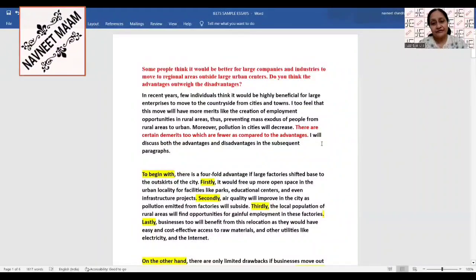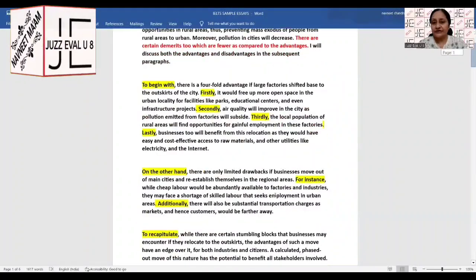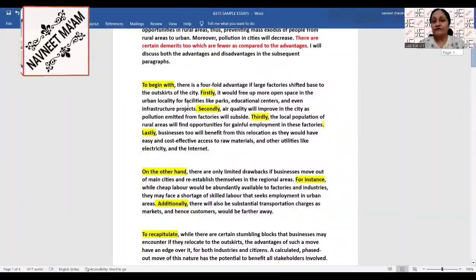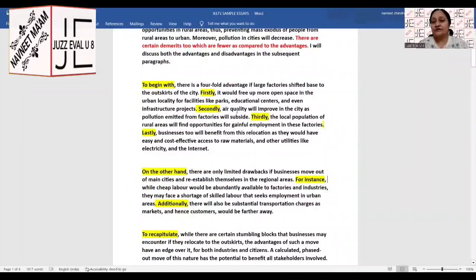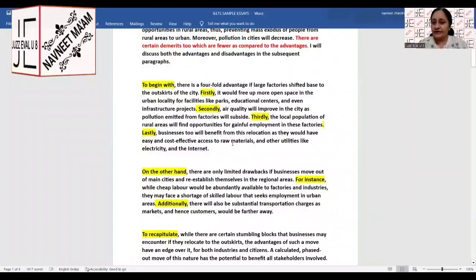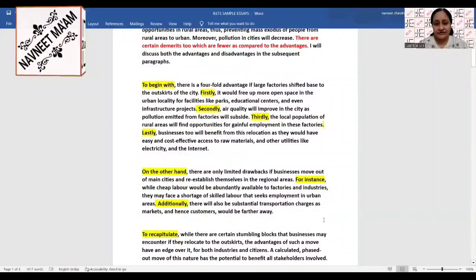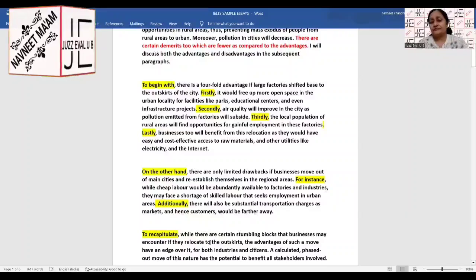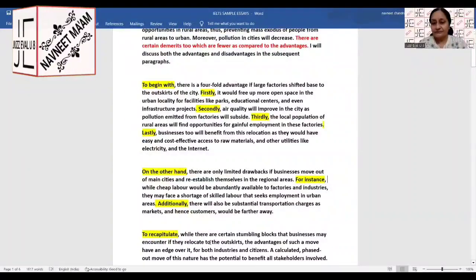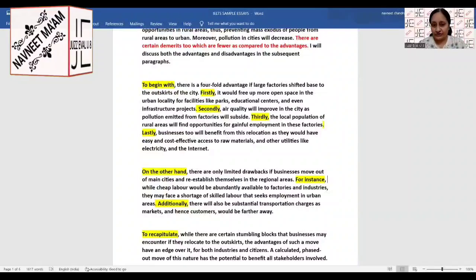So now when we write the body paragraphs, we write more of advantages and less of disadvantages, since we've already mentioned that advantages are more. So if there are 4 advantages here, there'll be about 2 to 3 disadvantages. Now, in the end, we write the conclusion. So we recapitulate certain points and write our conclusion.